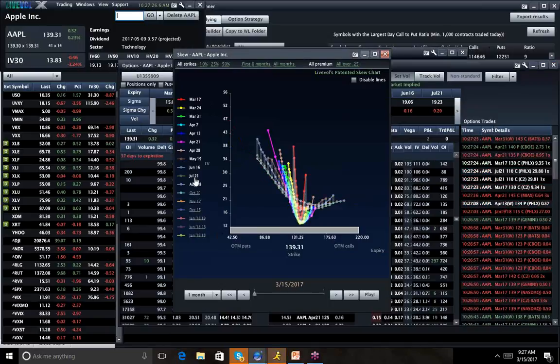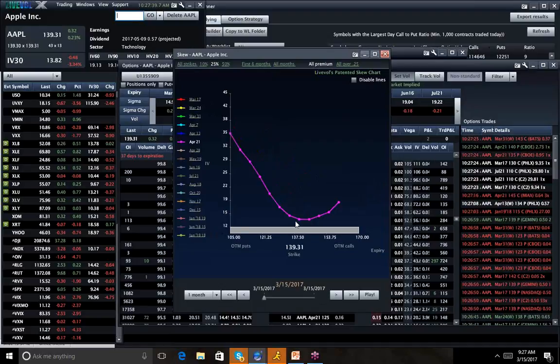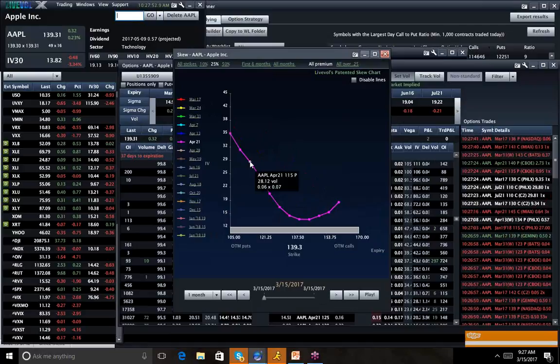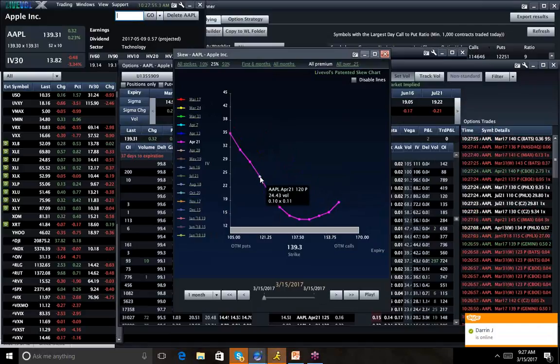So let's say I'm doing a butterfly in Apple. Let's say that it wants me to set up my butterfly at either the 120 or like the 115. So I can choose between these strikes.